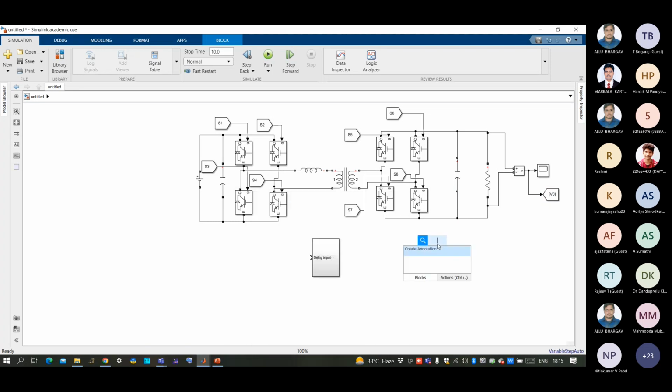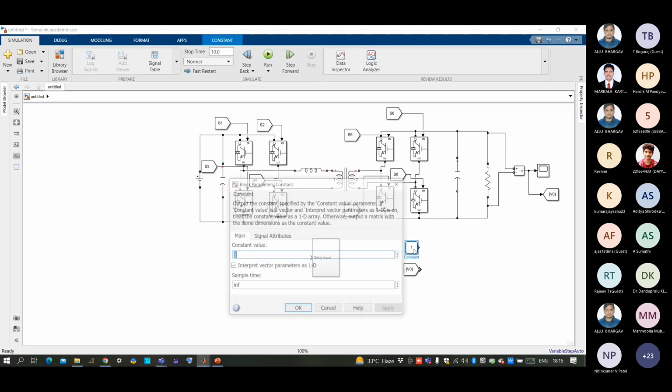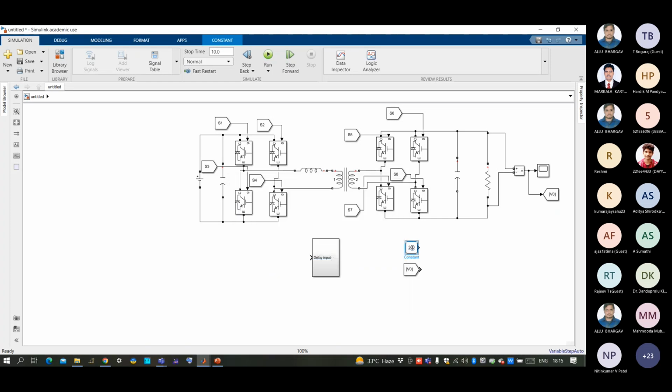Now we need to maintain a constant voltage. So a constant block. To maintain the output at 360 volts, I'm making it.